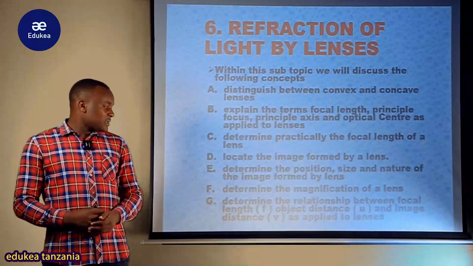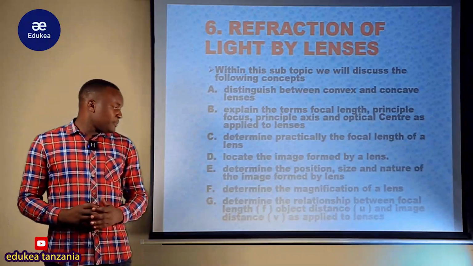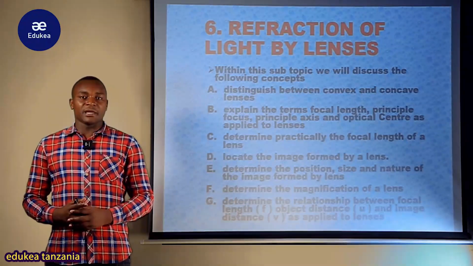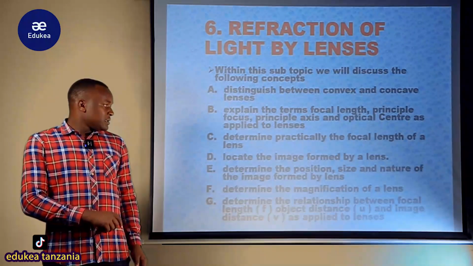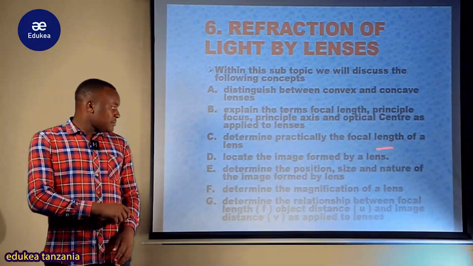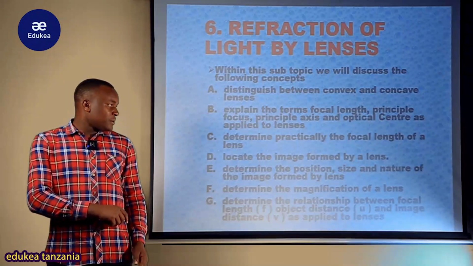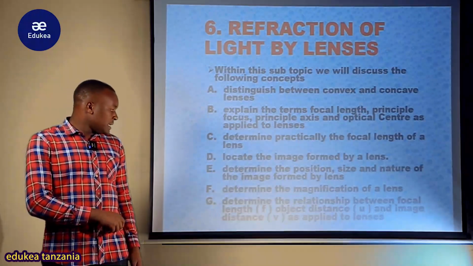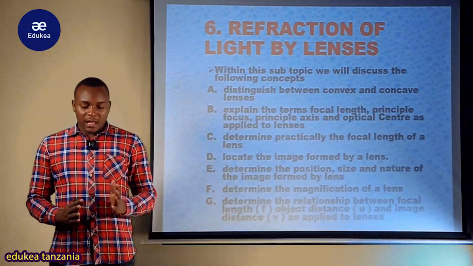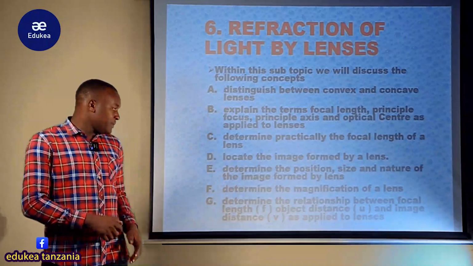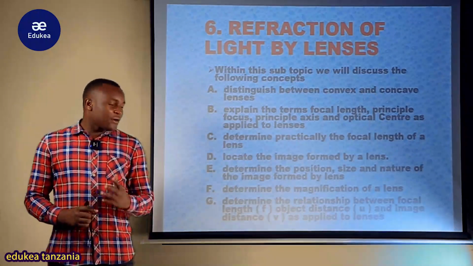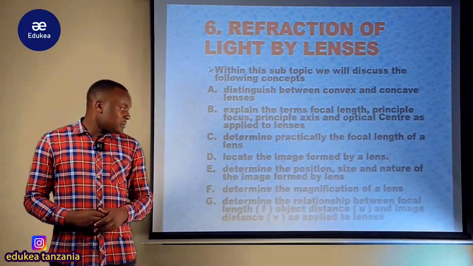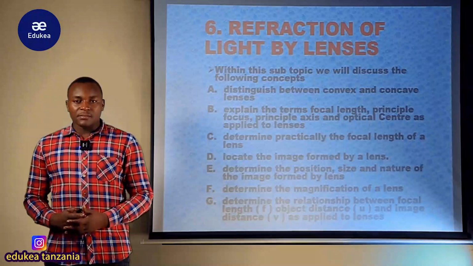So today, basically, we will spend much of our time dealing with magnification and some other things, including position, size, nature of image formed by lens, but also how we can determine the relationship between focal length, object distance, together with image distance.